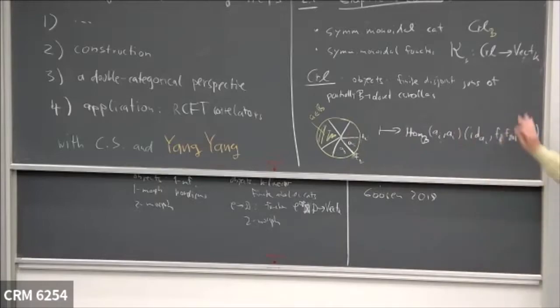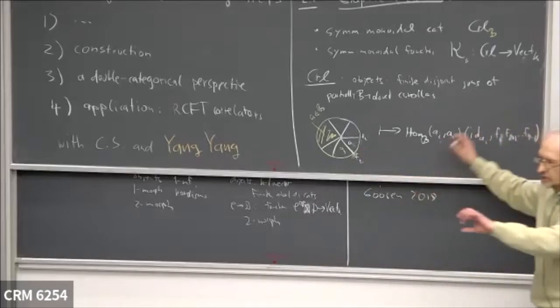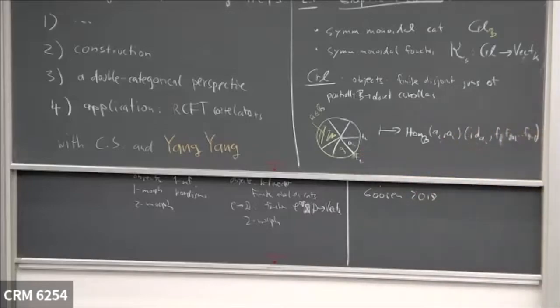So it does in fact not depend on the choice of i. This is for just one corolla. If I have a disconnected sum, I just take the tensor product of the corresponding vector spaces. And this gives the objects and the tensor product on them.